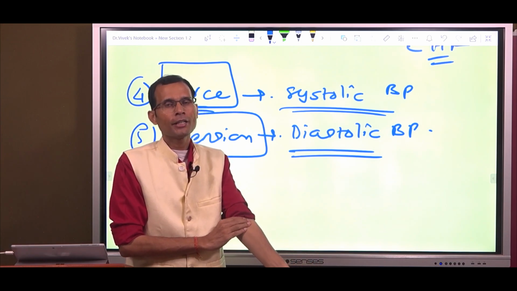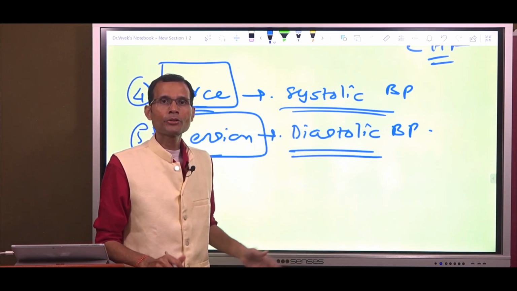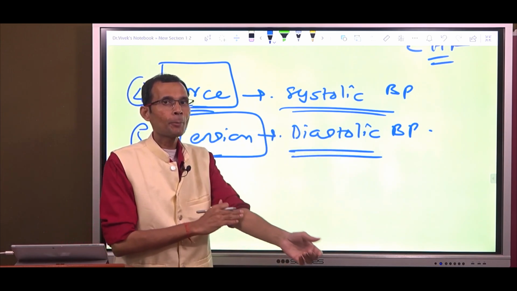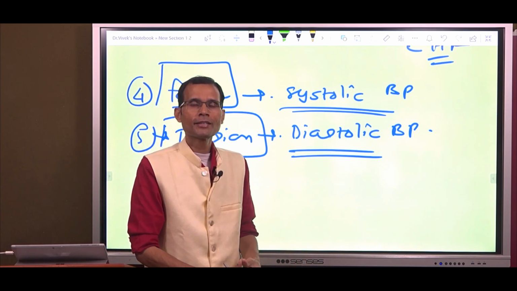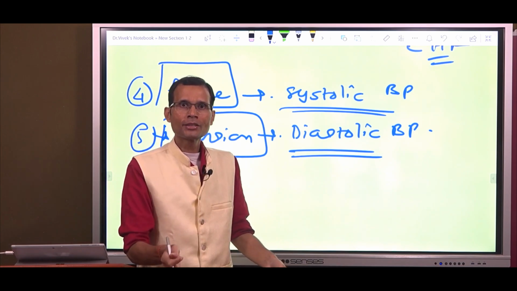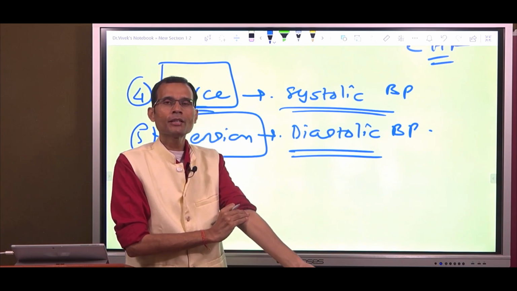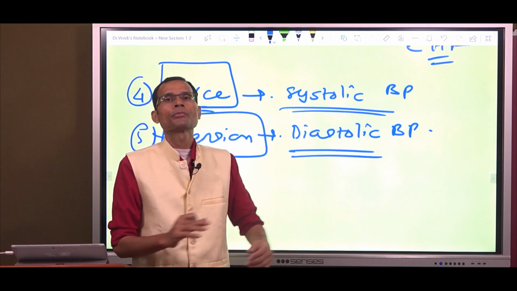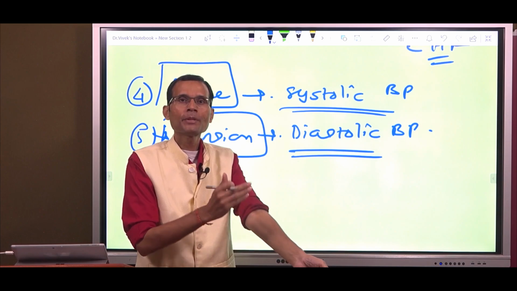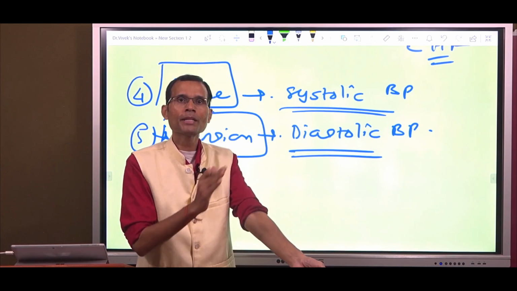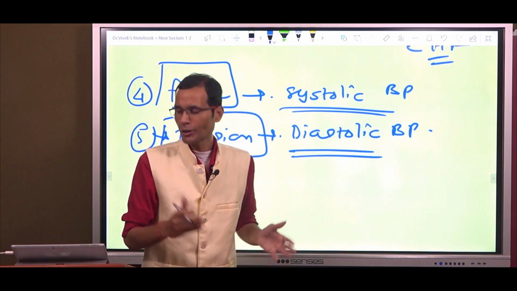That pressure indicates tension, and that indirectly tells us about the diastolic blood pressure. Don't misunderstand: between two pulsations means no pulse. That time you are feeling the artery, the vessel wall, and trying to obliterate it. That gives you the idea about the tension. And obviously, between the two pulsations, between the two systoles of the heart, the heart was in diastole. So it will reflect the diastolic blood pressure.